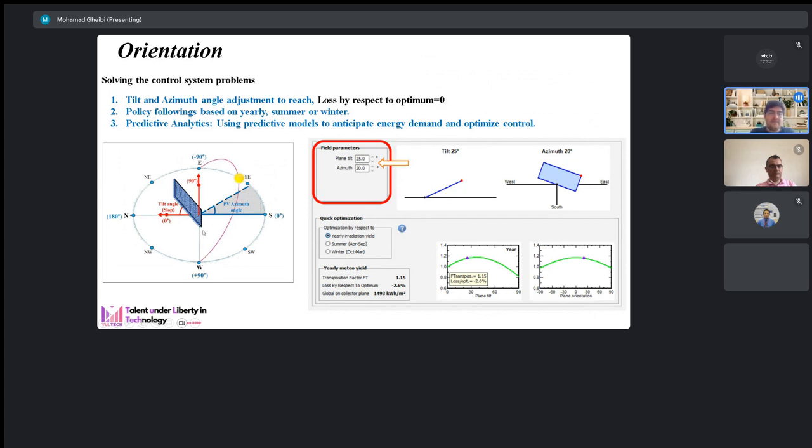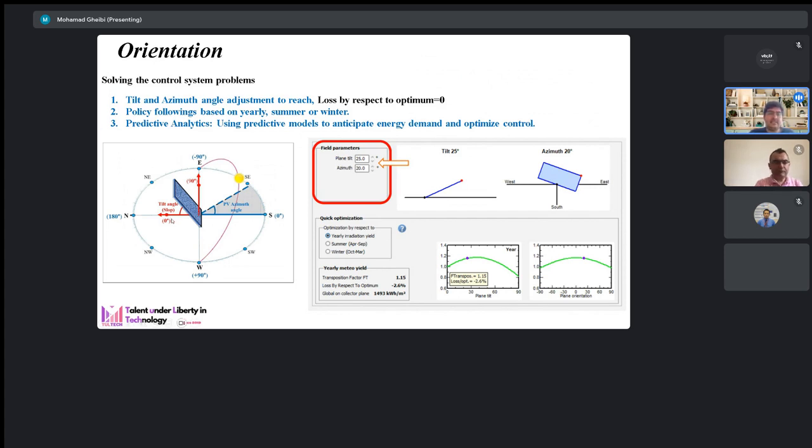Here, if you imagine that this shape is the panel, you can see three different views, and the angle of the plane in each of them has a specific name.